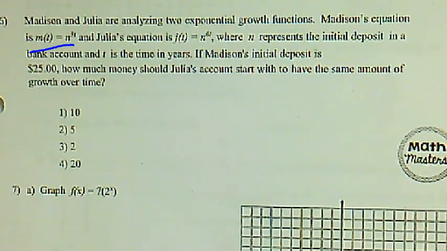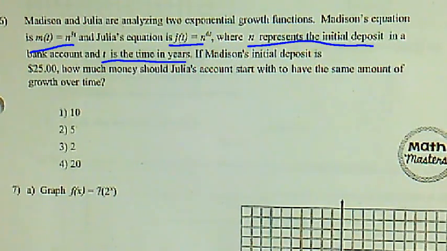And Julia's equation is j of t is equal to n raised to the 6t. So n represents the initial deposit, and t is time. So if Madison's initial deposit is $25, how much should Julia's account start with to have the same amount over time?